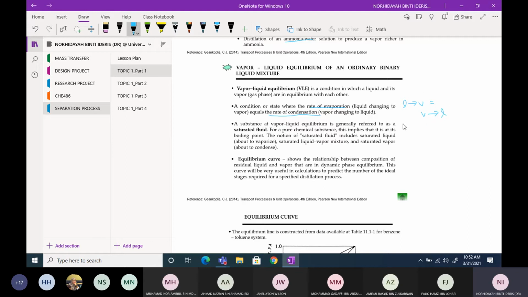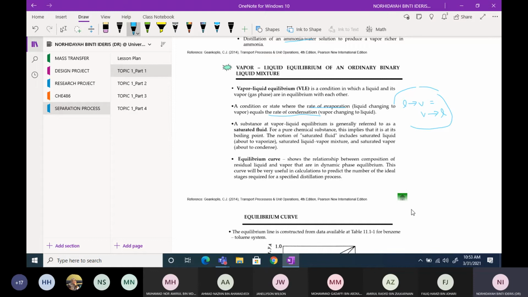So this specific condition we refer to as vapor liquid equilibrium, and it will be different according to the temperature and the system.